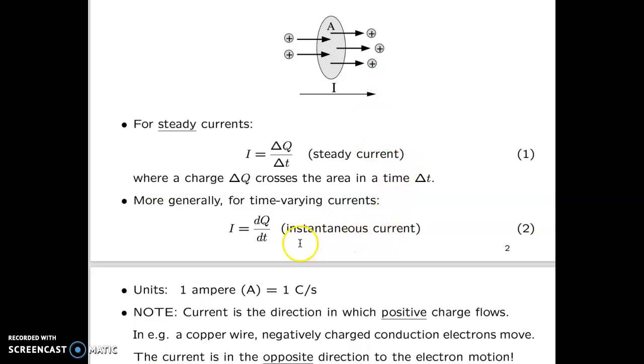So instead of defining the current as delta Q over delta T, we make it a derivative, where dQ is an infinitesimal amount of charge that crosses this surface in this infinitesimal time interval dt, and that may actually change with time. So equation 2 is always correct, and equation 1 is just a special case of equation 2.